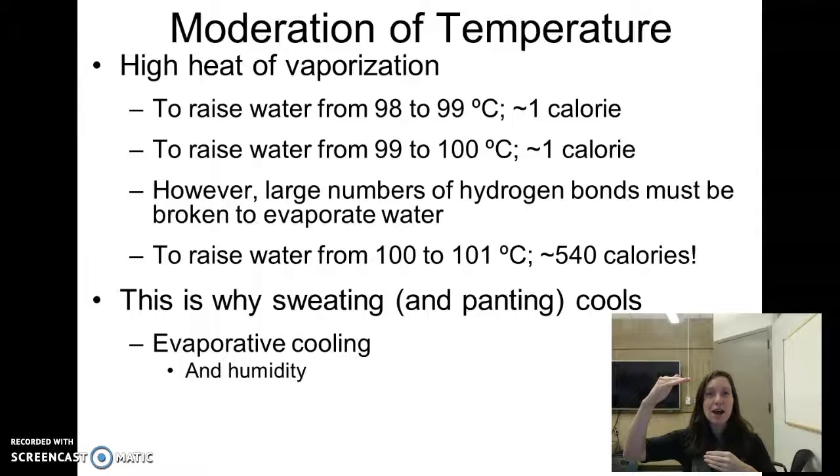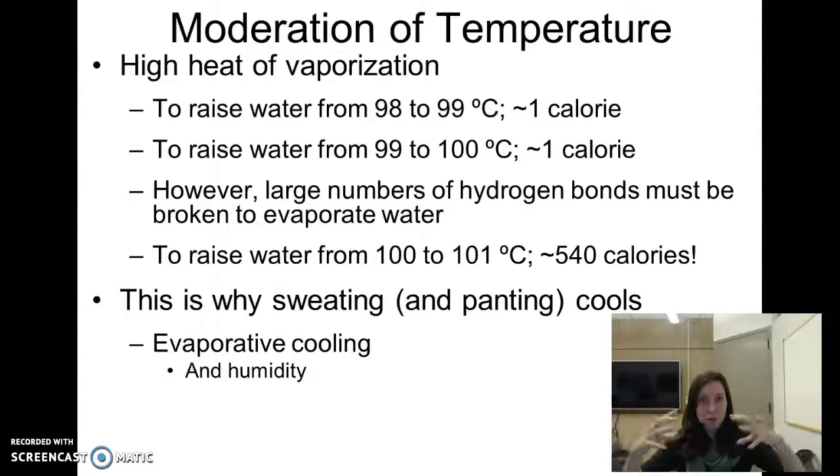The temperature's going up, but to boil it, to get just beyond the liquid water stage, we need a lot more heat, and water has to absorb that heat. It's pretty interesting. Those hydrogen bonds have to break to release water molecules as steam and water vapor.